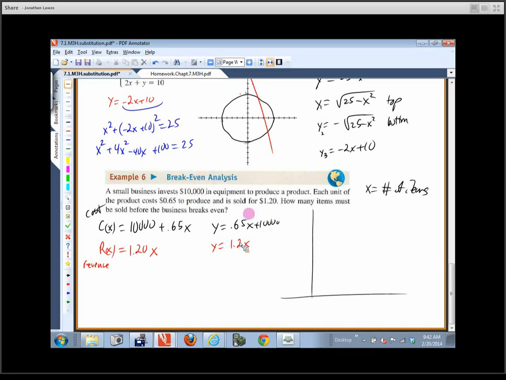What's the difference between these two lines? One starts at 10,000 and goes up, but is 0.65 a very steep slope? It's not. So it does something like this. Where does this one start? Starts at 0, but it's got a pretty steep slope. It's twice as steep, right?